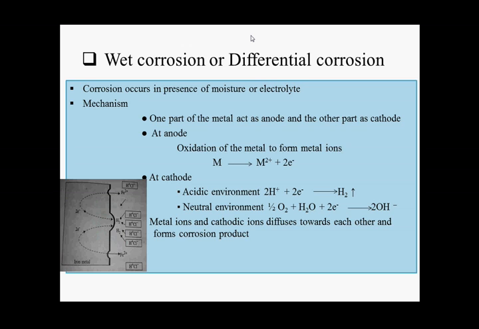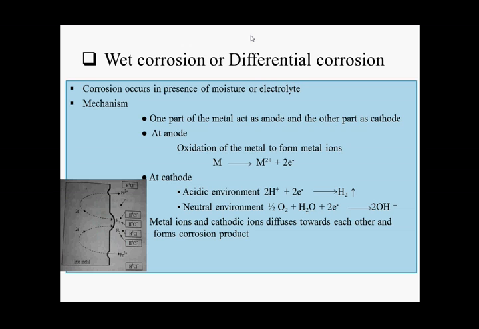In this type of corrosion, the corrosion product is not formed on the corroded area. It is formed somewhat close to the corroded metal, and not on the corroded area as in dry corrosion.